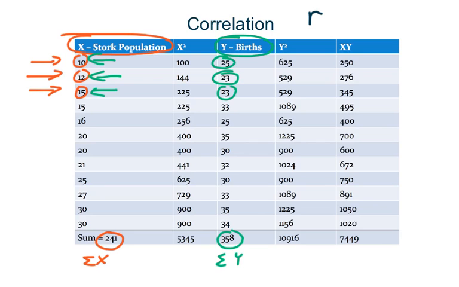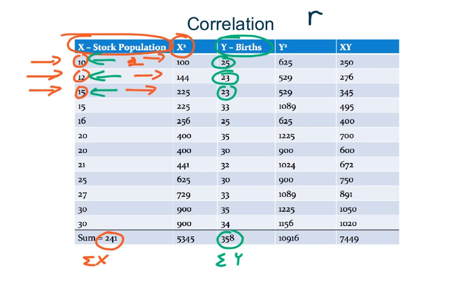Now the remaining columns are those other parts of the formula that we talked about in the previous video. We see an X squared column, which is just the square. We just squared 10 to get 100, we squared 12 to get 144, we squared 15 to get 225, and so on.